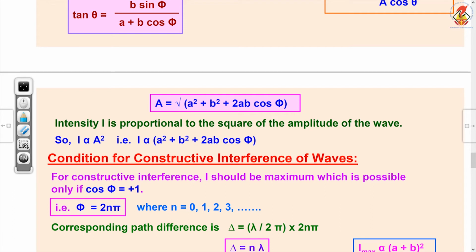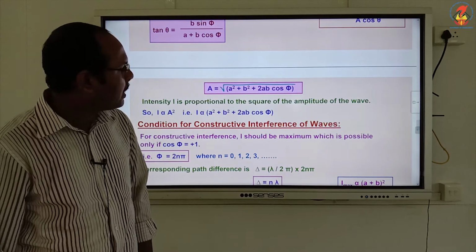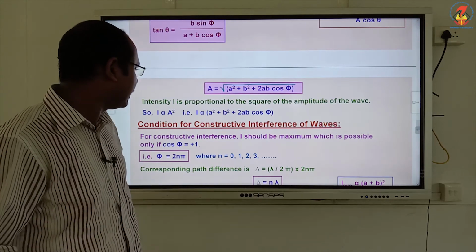So the resultant amplitude, as I told, is root of a square plus b square plus 2ab cos phi. Intensity is proportional to the square of the amplitude. Therefore, I is proportional to a square, so I is proportional to a square plus b square plus 2ab cos phi. That is the expression for the intensity. So I can also think like this.